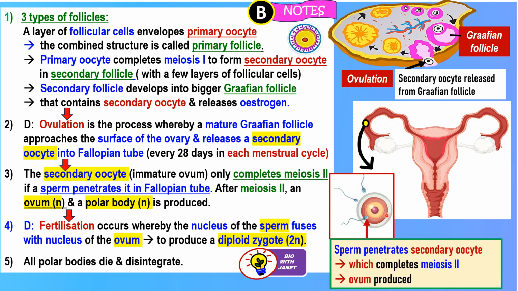Right? Next, the process of fertilization occurs whereby the nucleus of the sperm that has penetrated the secondary oocyte will fuse with the nucleus of the ovum to produce a diploid zygote. So the polar bodies that are formed will all die and disintegrate.